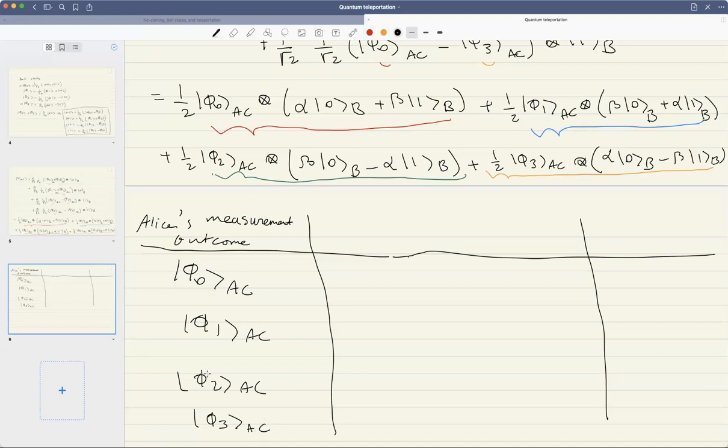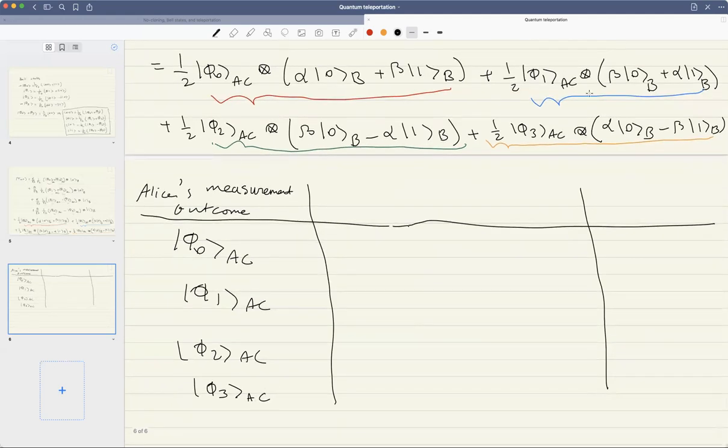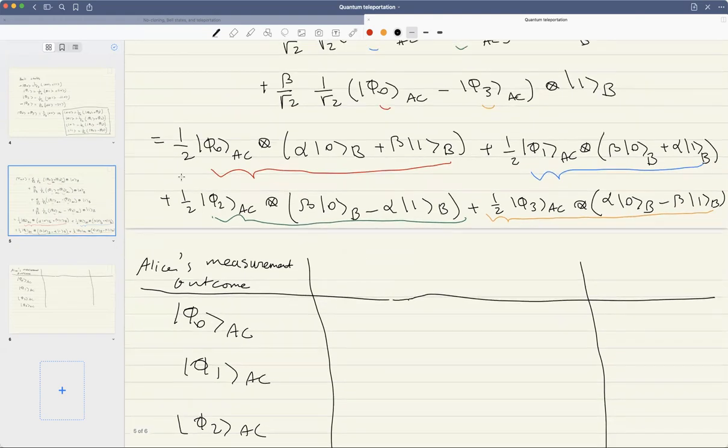Now, what happens? Well, if she finds this phi 0, then any of these terms that have a phi 1 or phi 2 or phi 3 give a finite probability of finding phi 1, phi 2, or phi 3. So the state should get projected only onto this. So we have to first kill them, and then we have to fix the normalization. So we see that 1/2 shouldn't be there because phi 0 is already normalized and alpha beta is normalized.